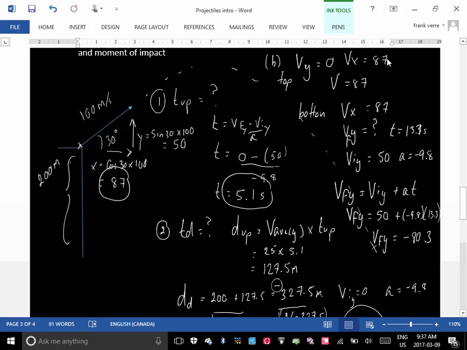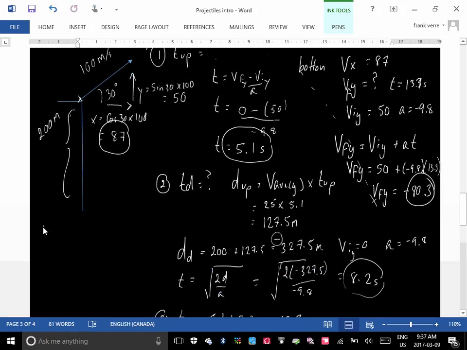So the horizontal speed doesn't change, right? So it's 87. And at the end, the vertical speed is negative 80. I'm going to finish the answer off over here. At the bottom, Vx is 87 and Vy is negative 80.3.